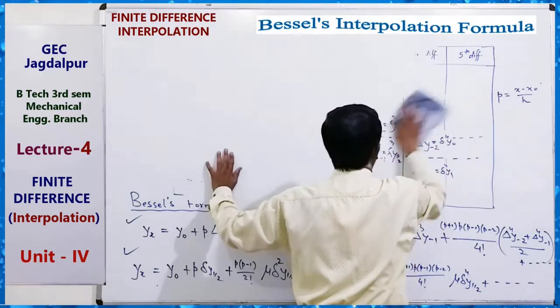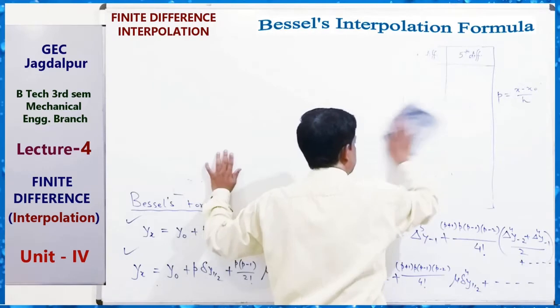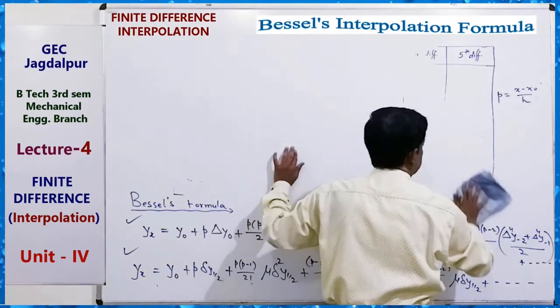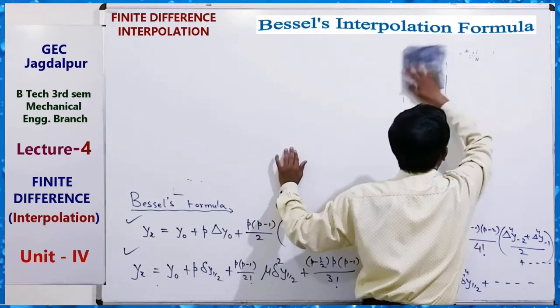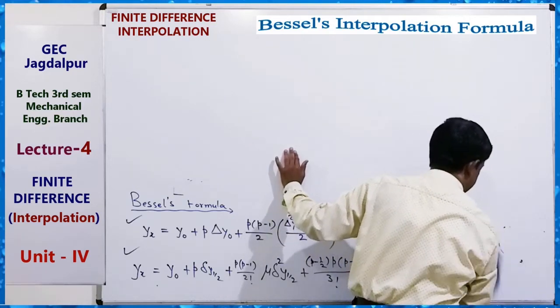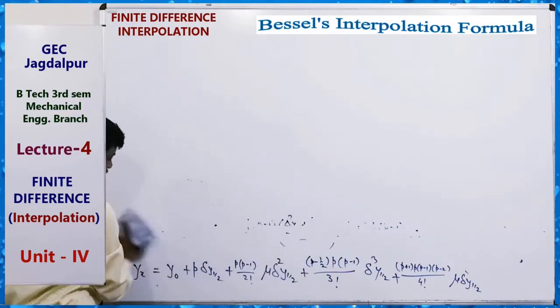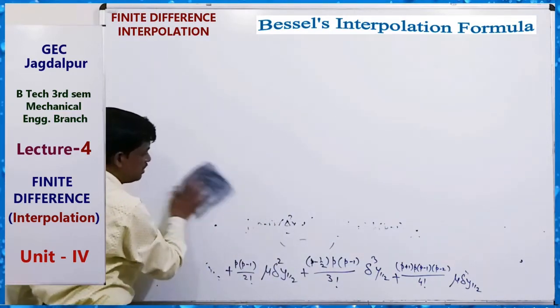Okay, because we have to find centrally lying values, making the table is important.